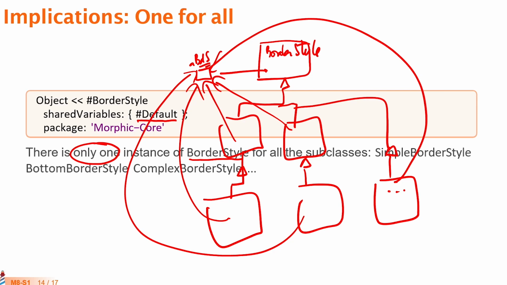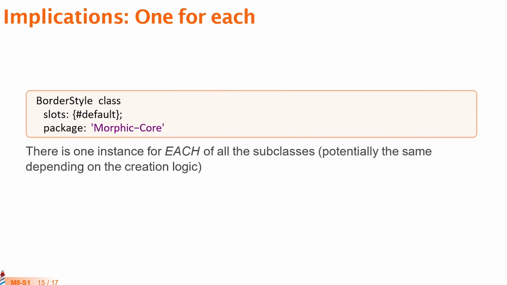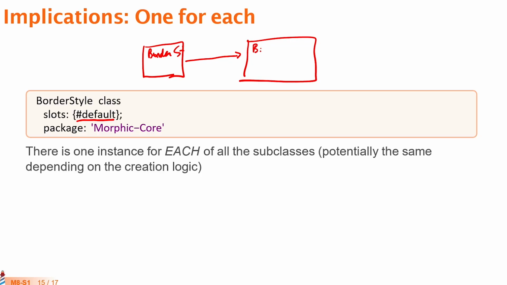Now, for this case, it means that I have the border style. So let me draw it like that. So I have border style, and I have one instance of the class. So this means that here I have border style. Border style is an instance of border style class.